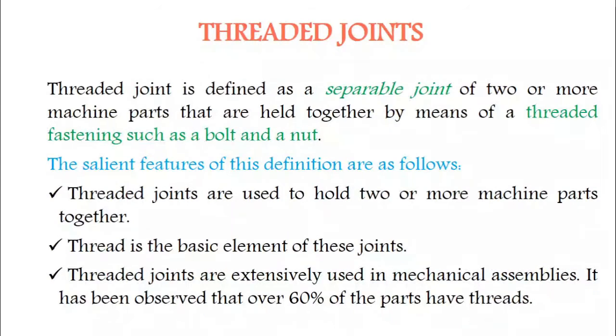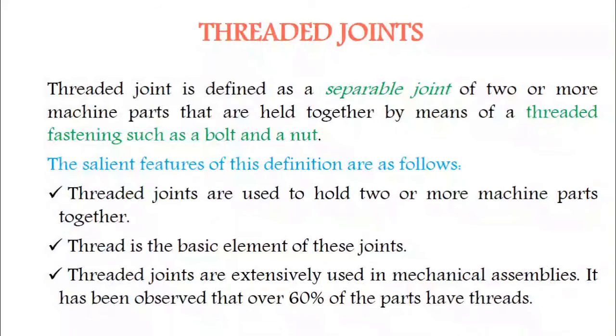The threaded joints are used to hold two or more machine parts together. These parts can be dismantled if required without any damage to the machine parts. Therefore, threaded joints are detachable joints, unlike welded joints, because welded joints are permanent joints.